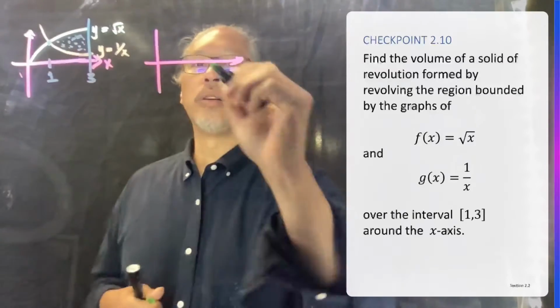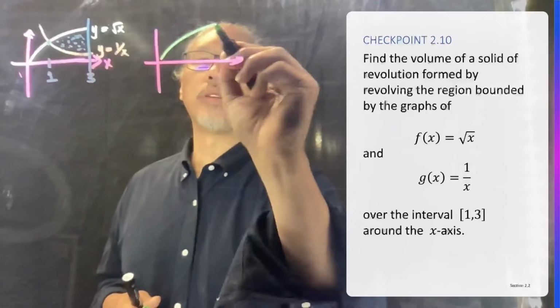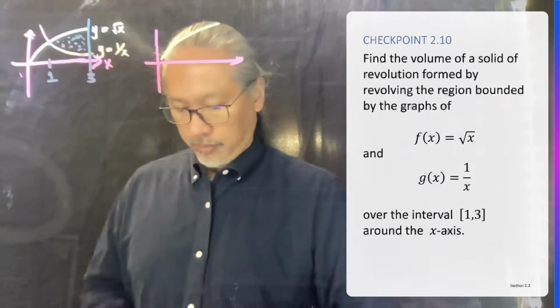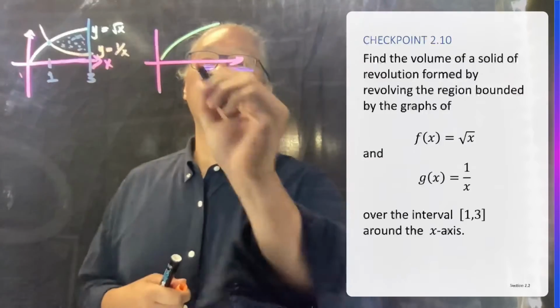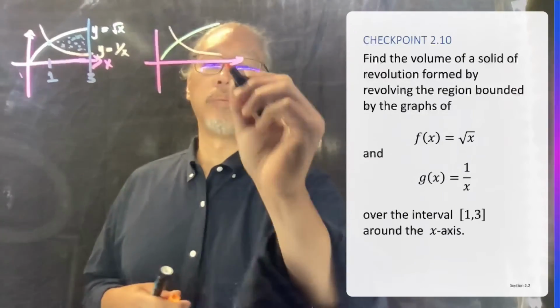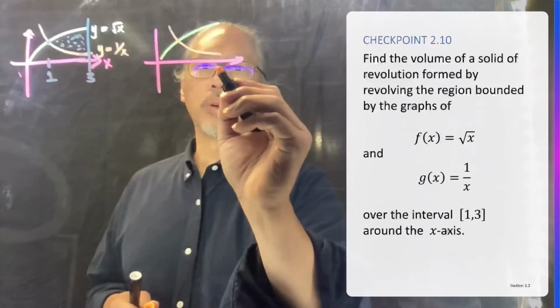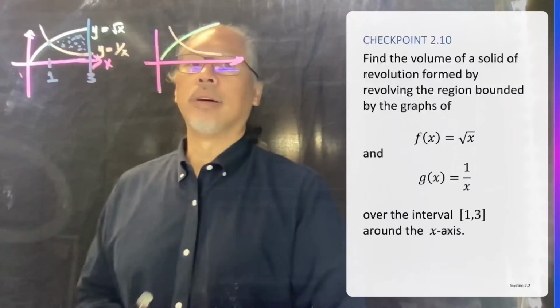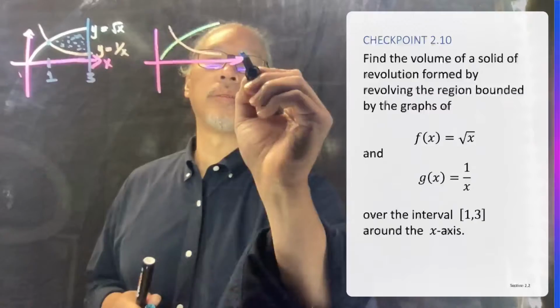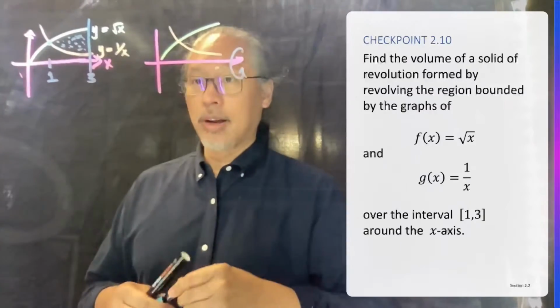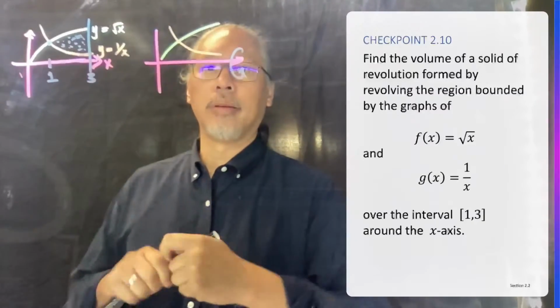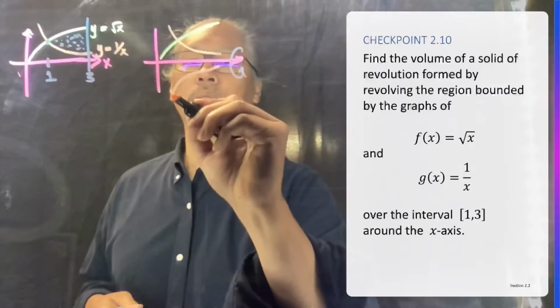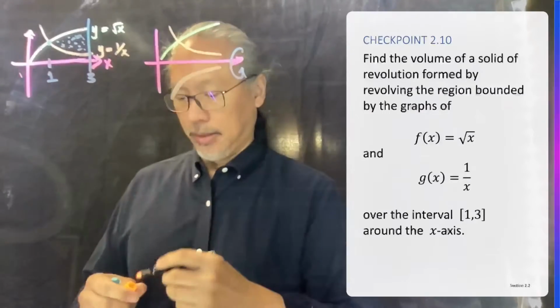Try to use the same colors. We have this thing. Now, what we're going to do is revolve this around the x-axis. As you revolve around the x-axis, we are looking at a mirror image below the x-axis.